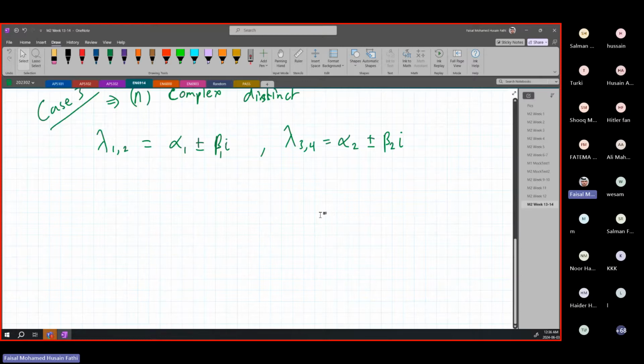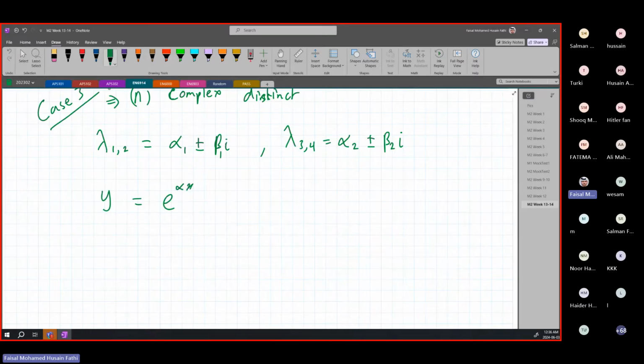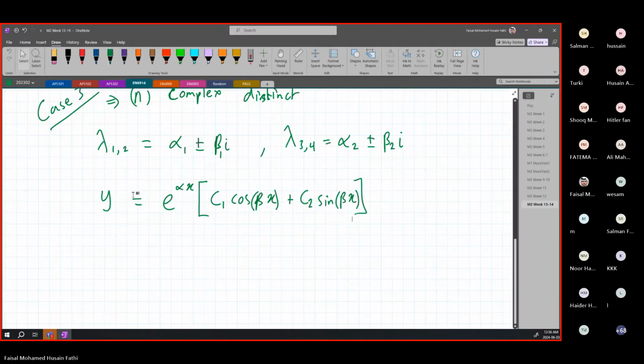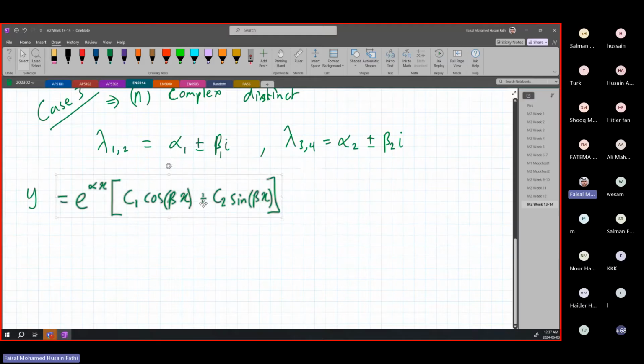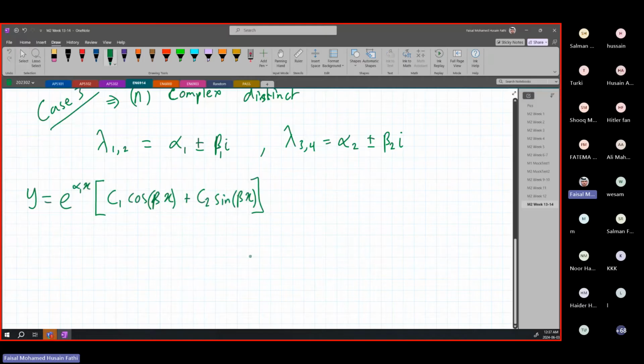The way this will look in solving is y of x, your solution, is equal to e to the power of alpha 1 x, the same exact thing as we did last time, c1 cosine beta 1 x plus c2 sine beta 1 x.